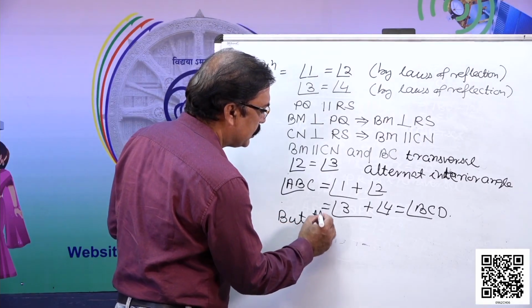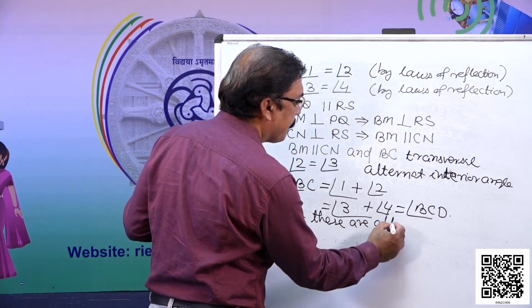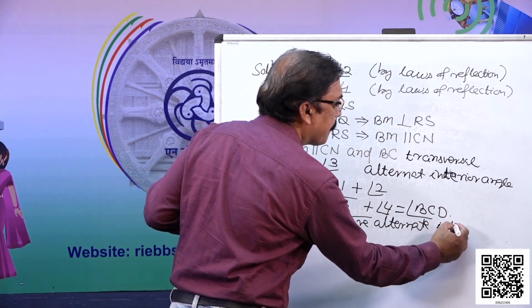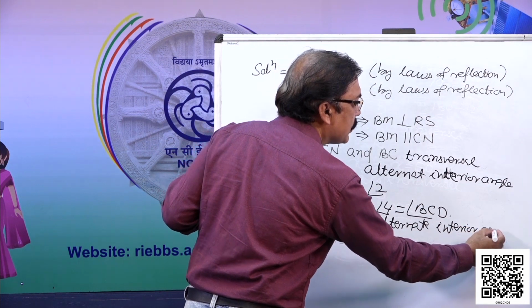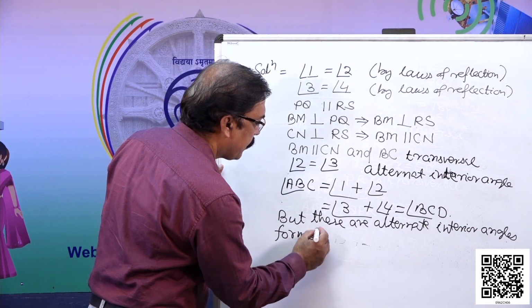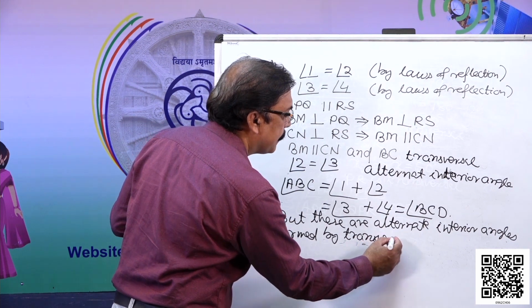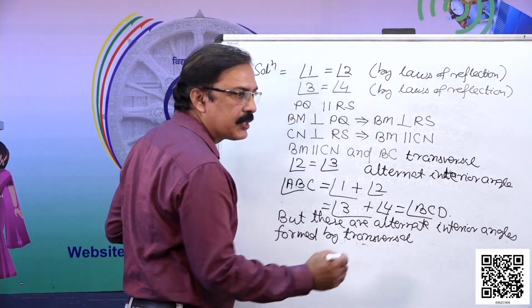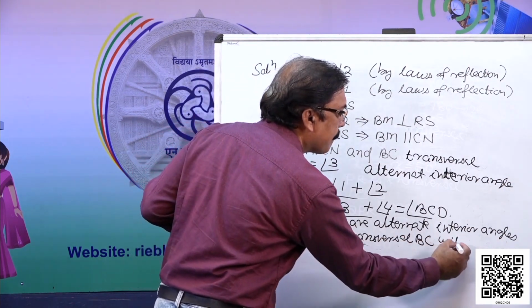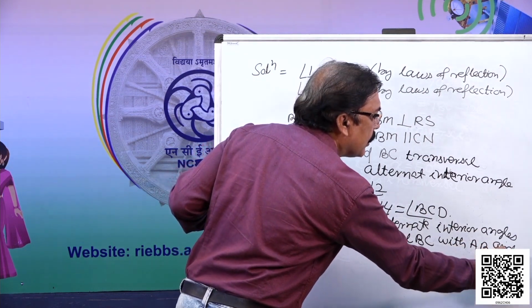These are alternate interior angles formed by the transversal BC with AB and CD.